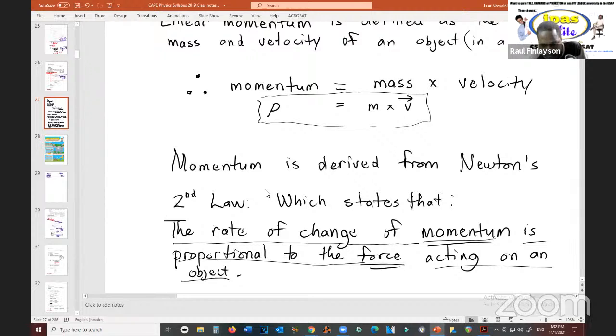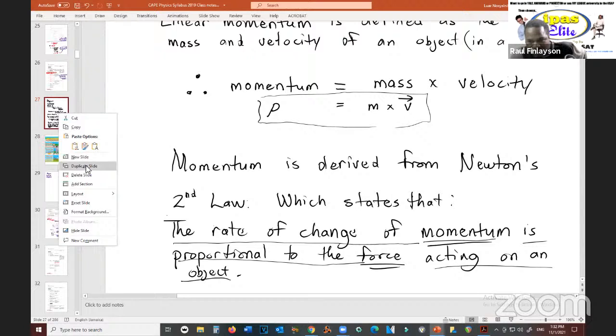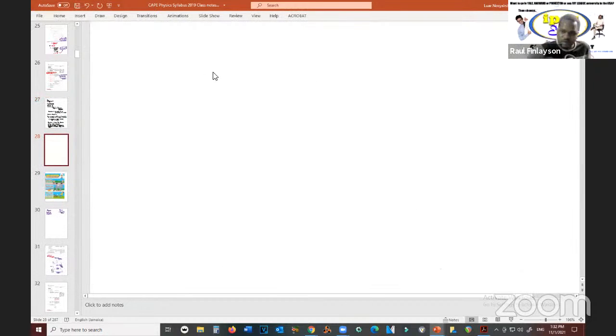Now, let's get back into this definition. Notice that it is the rate of change. So when we modify this, because this is a formula that we will end up using, let's get a new slide here.